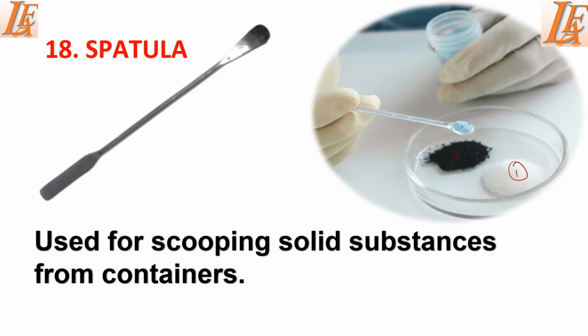We also have another chemical here, which is black, and we have a blue chemical here, let's call it 3. And this blue chemical number 3 is scooped by this spatula. This is what we call a spatula, from this container here. Now when this chemical has been placed into this evaporating dish, you can still use the same spatula to mix the 3 substances. So it can be used to scoop, transfer, and sometimes mix solid chemicals. It can only be used to mix solid chemicals in the lab.